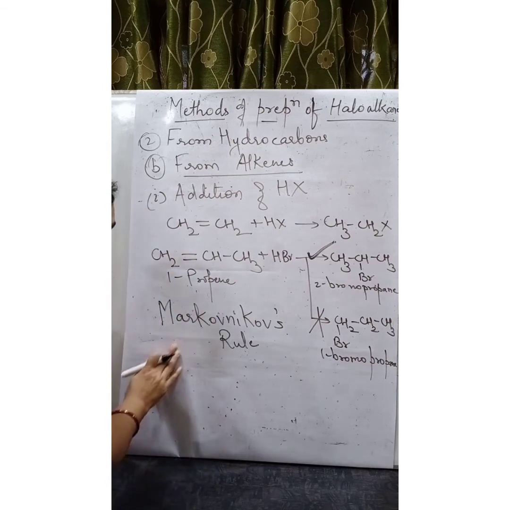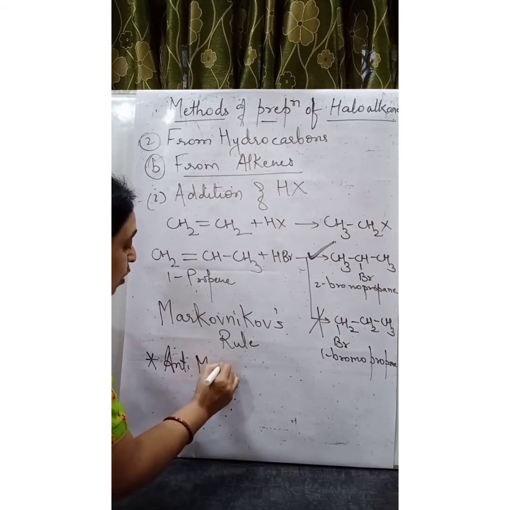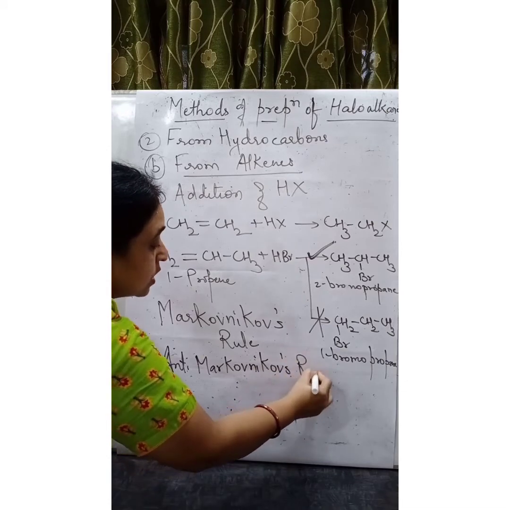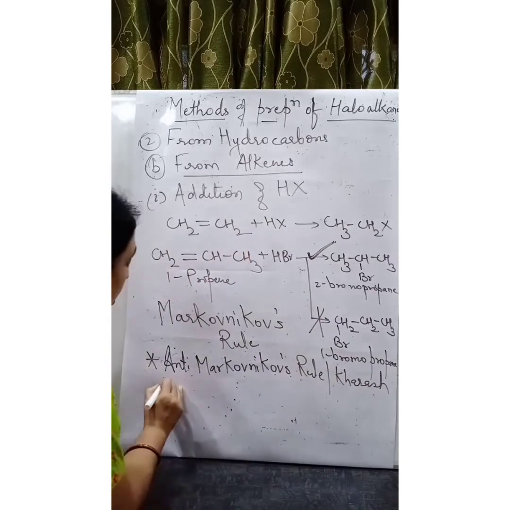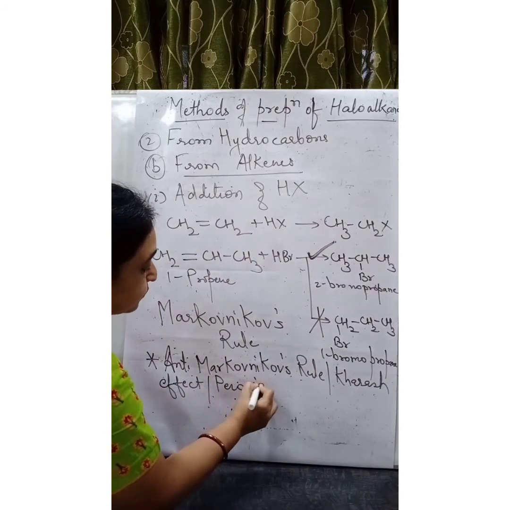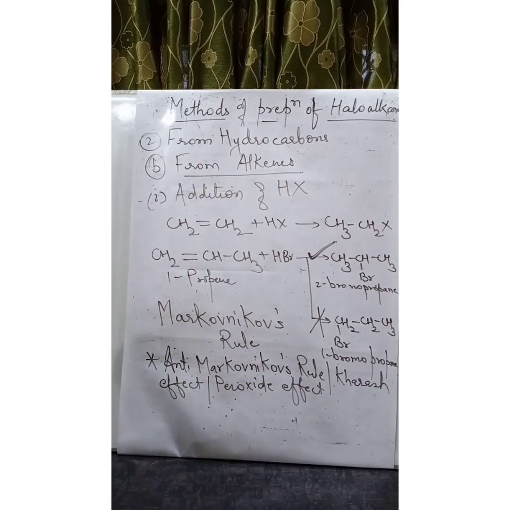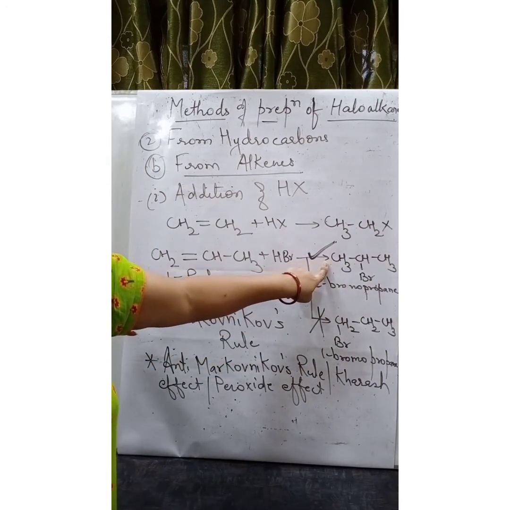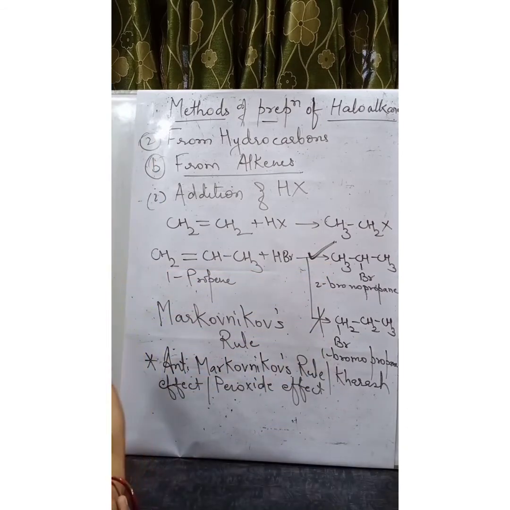Now in this, we are having one more rule that is called anti-Markovnikov's rule, which is also known as Kharasch effect, or we can also call it peroxide effect. Now suppose I say that I want this only as the product and I don't want this. Then in that case we have to carry out anti-Markovnikov rule.